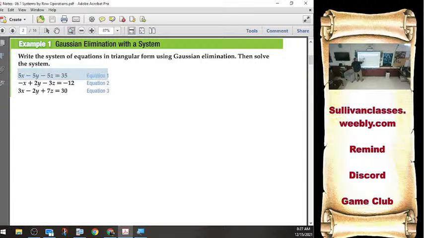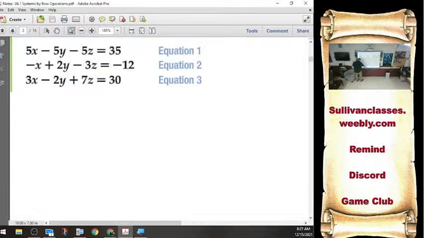So the first thing I'm going to do is I'm going to label them as equation 1, 2, and 3. I want to get rid of this stuff, so I'm just going to rewrite and then get rid of. There you go.